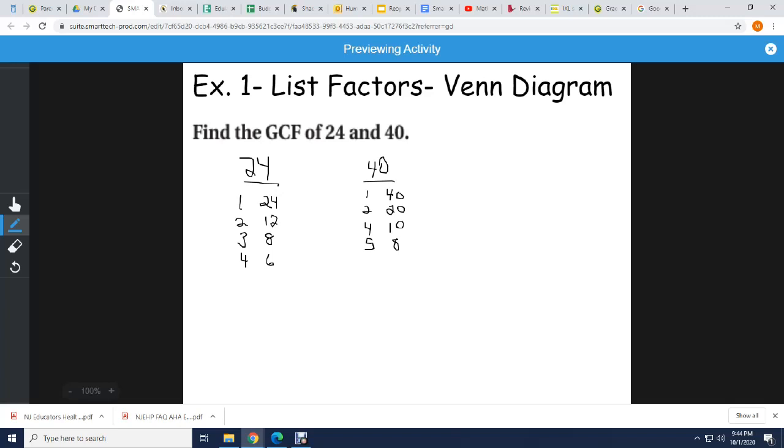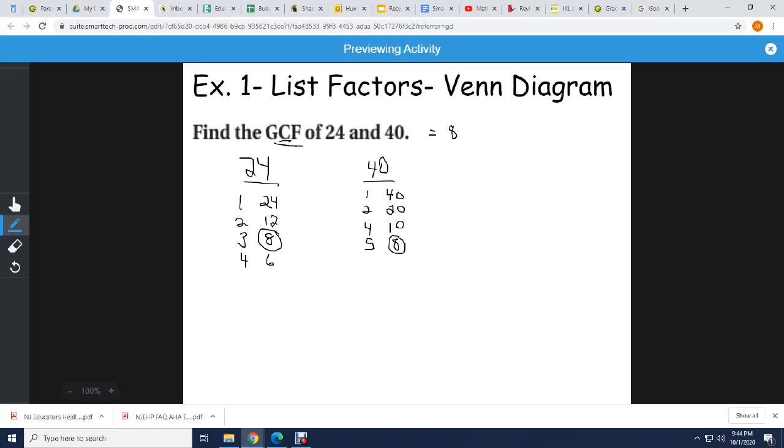And nothing in the 6s and 7s. So here are all the factors for 40. And so when we're finding greatest common factor, what we see is that 8 is the biggest number that is shared in these two lists of factors. So the GCF of 24 and 40 is 8.